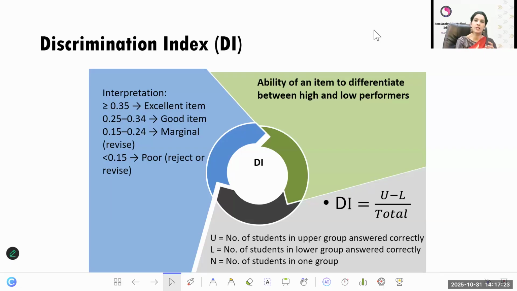We will keep on telling you about these cutoffs. Don't worry. But for now, if it is less than 0.2, then generally we say that we should revise these concepts. We should revise the item and the distractor, both the wordings. Is it okay? So the cutoff is generally 0.2 for a good item, and for excellent it is 0.3.